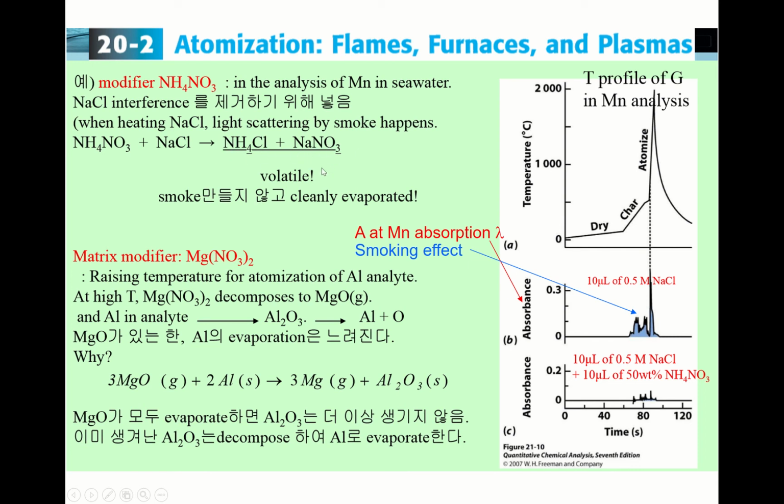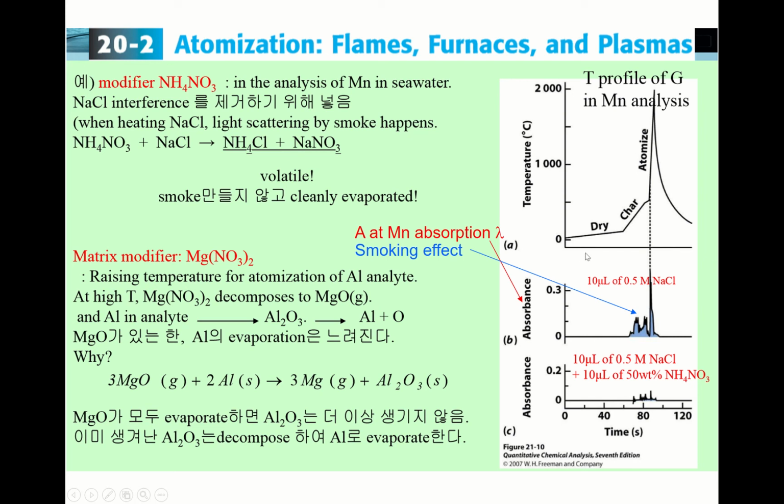They are more volatile than ammonium nitrate and sodium chloride. So these compounds don't make smoke but cleanly evaporate. Look at this figure here. Figure A is the temperature as a function of time.